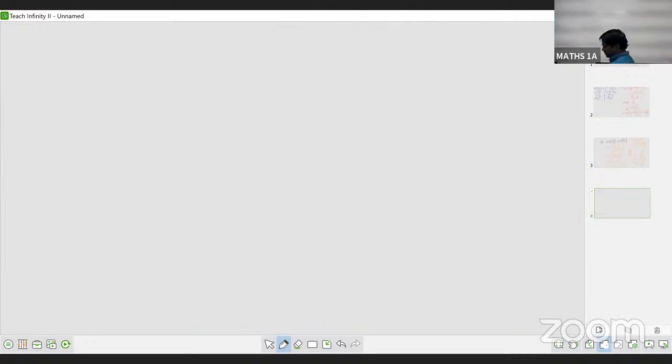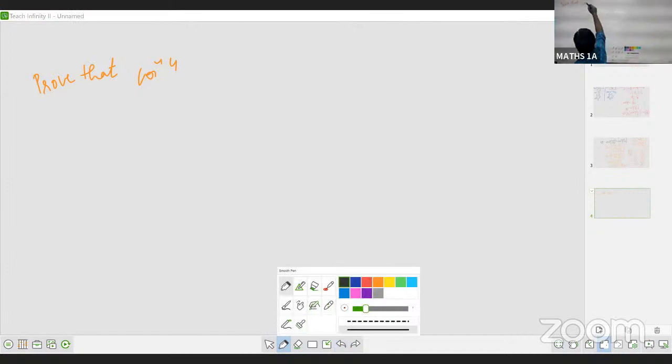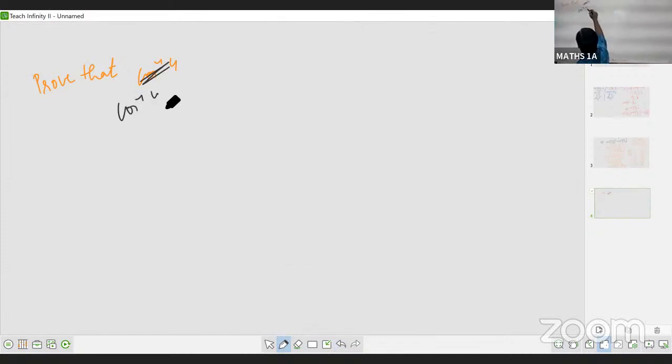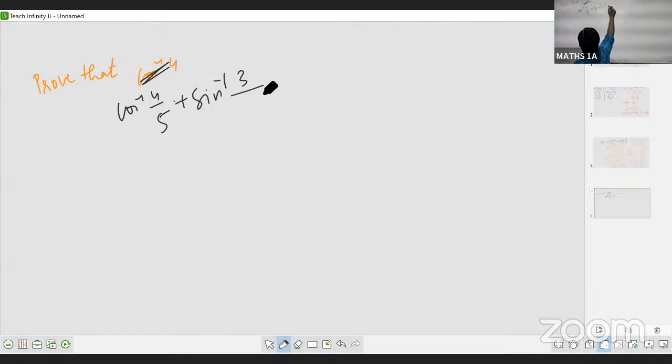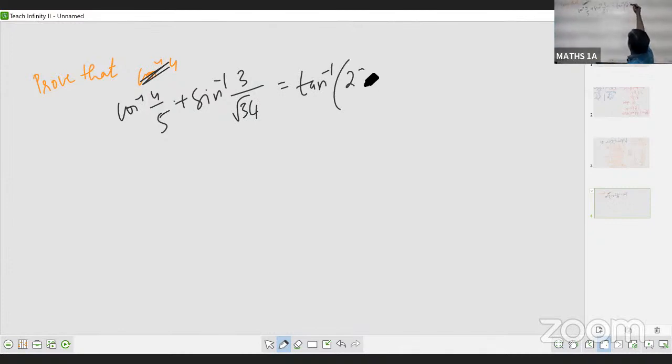Next, do that. Cos inverse of 4 by 5 plus sin inverse of 3 by root 34 is equal to tan inverse of 27 by 11.